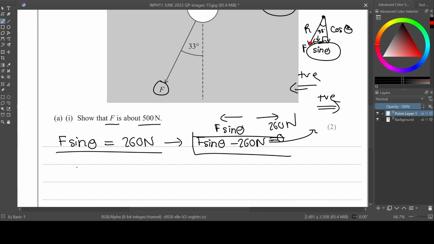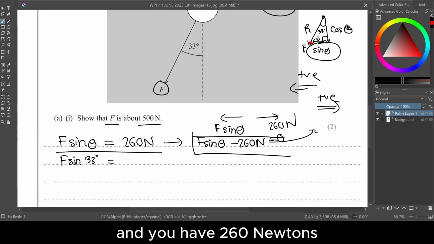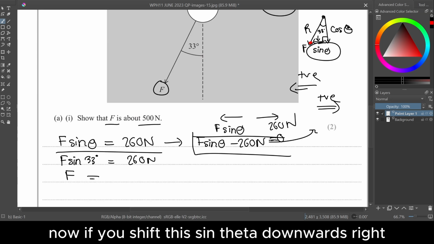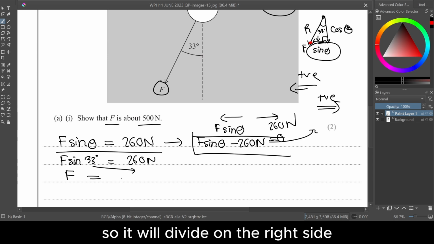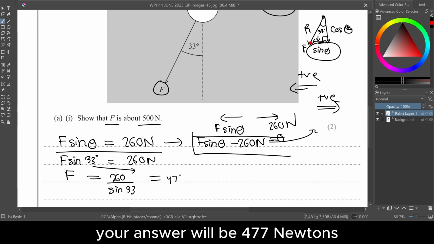So now F sine theta, with a 33-degree angle, equals 260 newtons. Now if you shift the sine theta downwards, because it's multiplying with F, it will divide on the right side, so it's 260 by sine 33, and your answer will be 477 newtons.